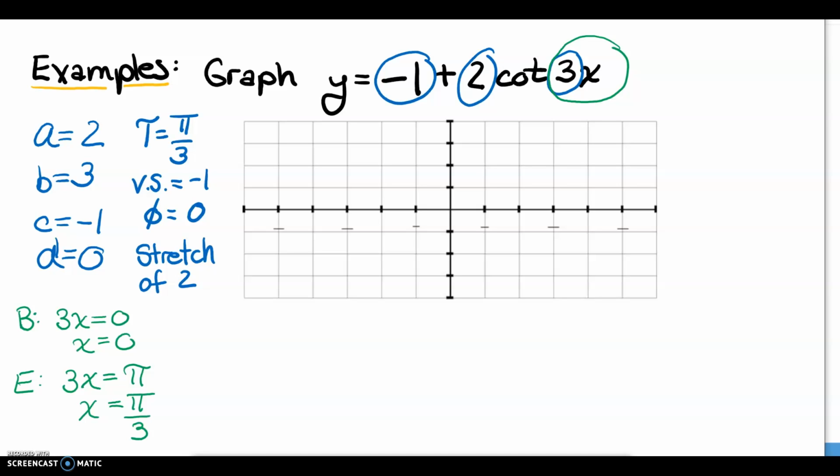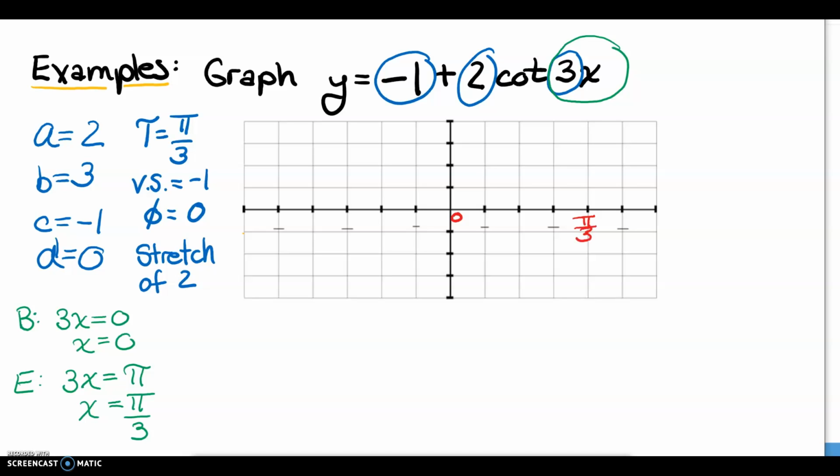So when we mark these out on our graph, we need 4 equal regions. We're starting at 0 and ending at pi over 3. So I'm going to say 0, count out 4 of these, 1, 2, 3, 4. This will be my pi over 3. And remember, that's going to be our asymptote.